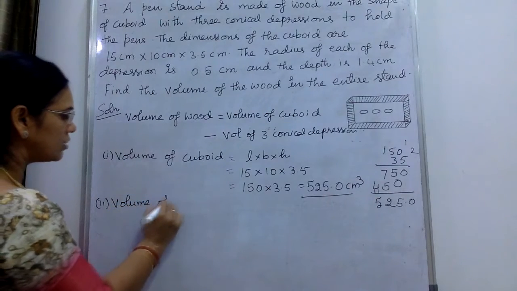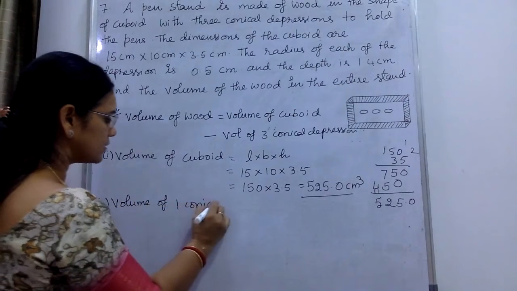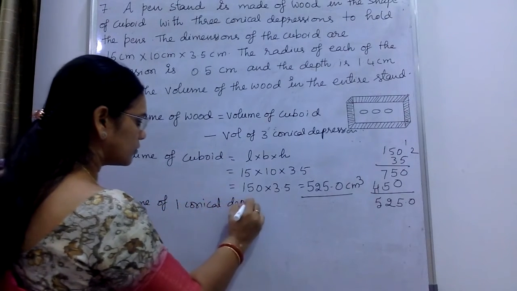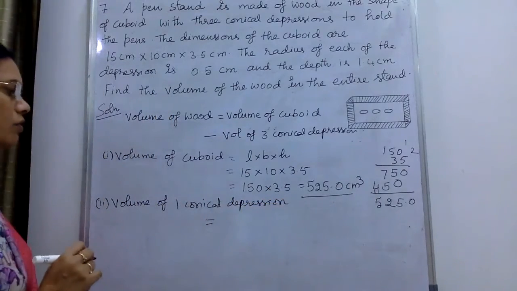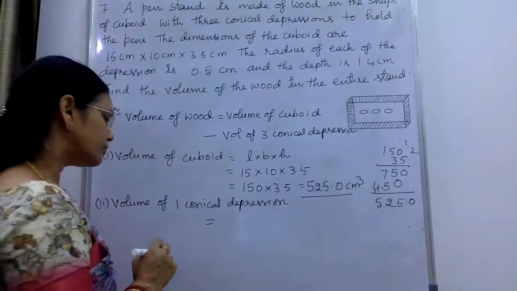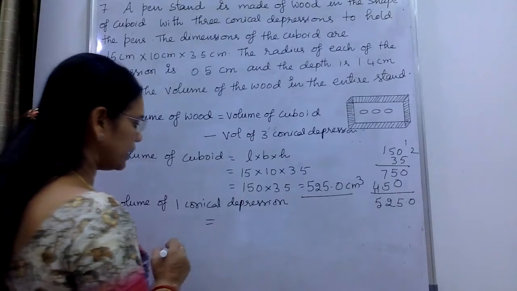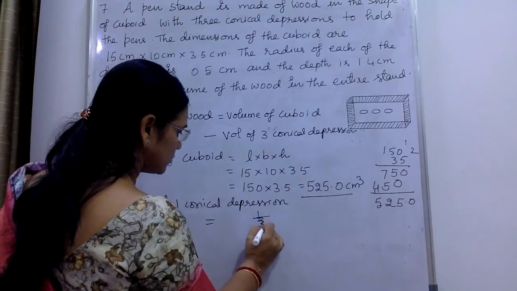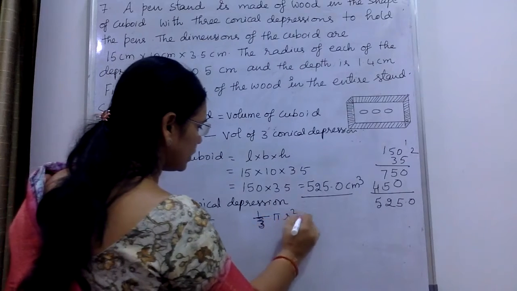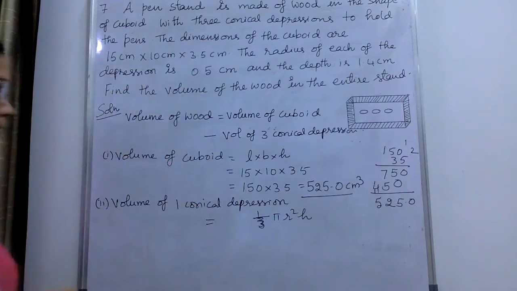Volume of one conical depression, we know the formula. What is the formula? 1 by 3 pi r square h. So what is r?